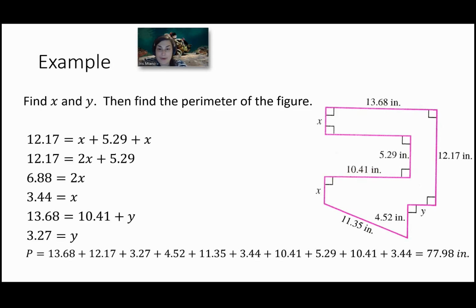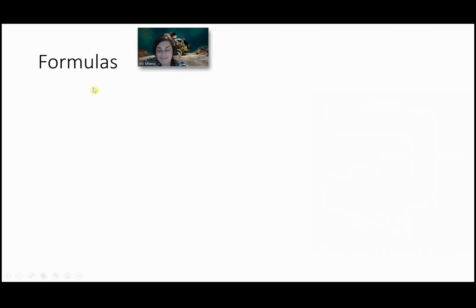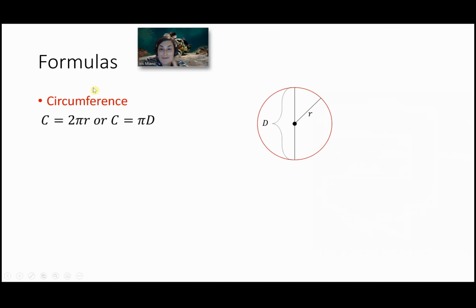Like I said, that was the last example associated with perimeter and area of polygons, and now we're going to switch gears into the distance around and area of a circle. So here are the formulas associated with that. Starting with circumference, which is another way of saying perimeter of a circle.